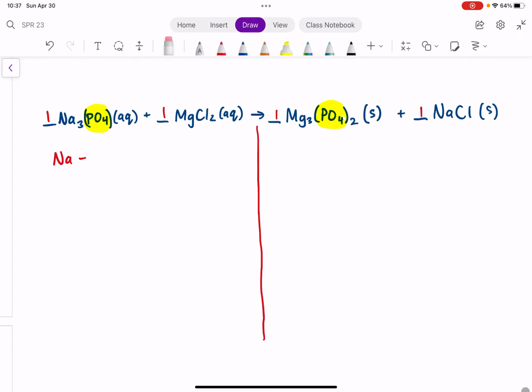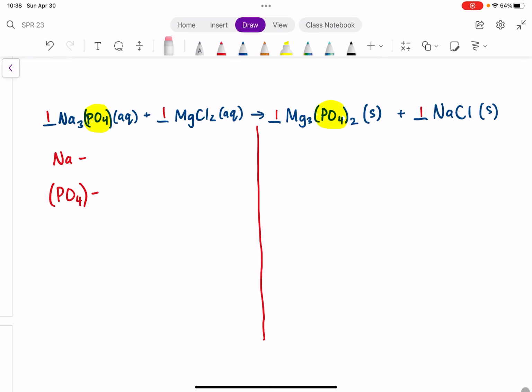That can mean you're going to have to break up your polyatomic ion when you list your different types of atoms. So you would list P and O and count them individually as atoms. But when they stay together, it's much easier to view them as one thing when you're balancing these equations. So don't break up that PO4. I'm going to list it as phosphate, PO4, on this side, and count it as one thing, because it doesn't break up.